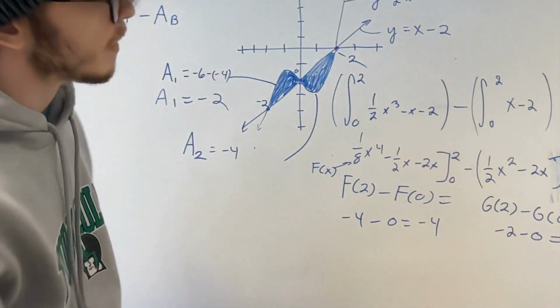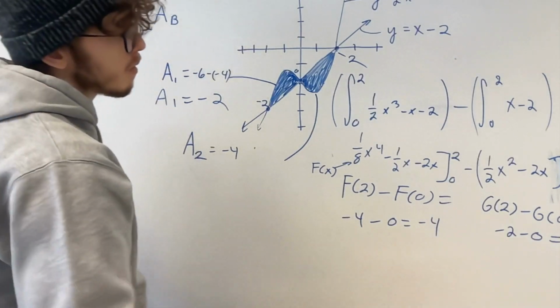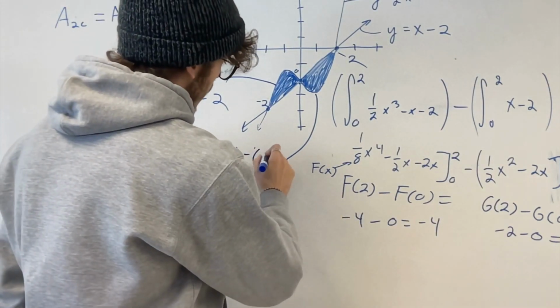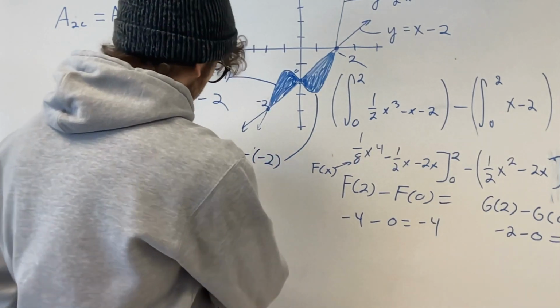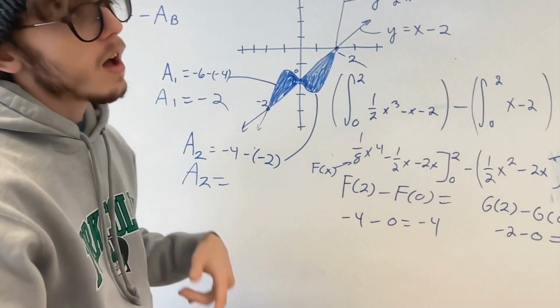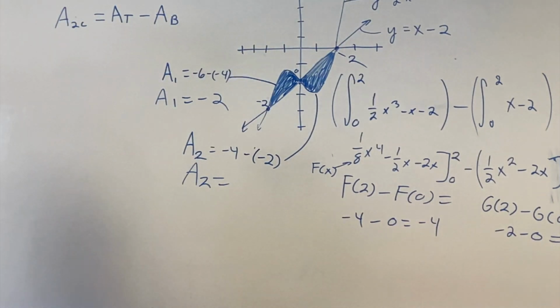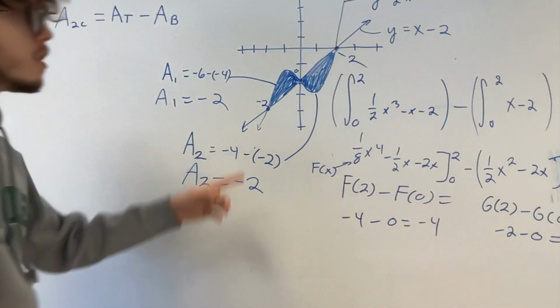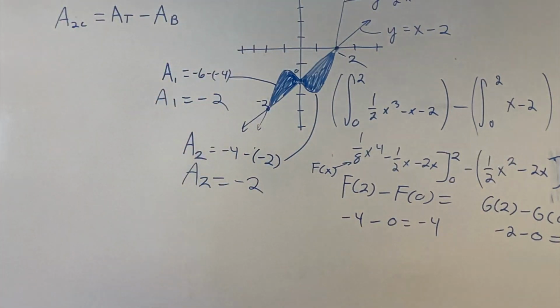That's our linear function, and we said that the area of that with respect to the x-axis is -2, and we're subtracting by a negative once again, right? So area 2 is -4 minus -2. Minusing a negative is more like adding, so we're going to call this -2 as well. So we actually find that the area between these two curves is -2 respectively.